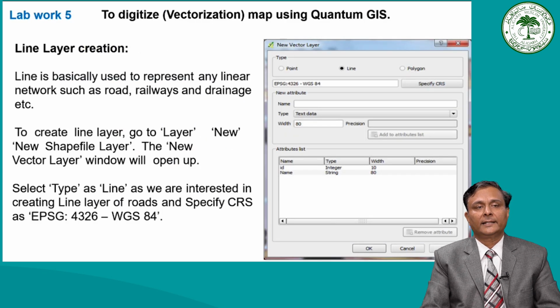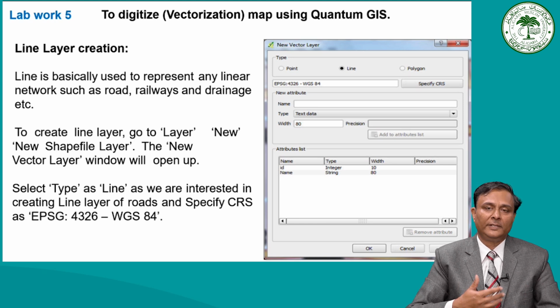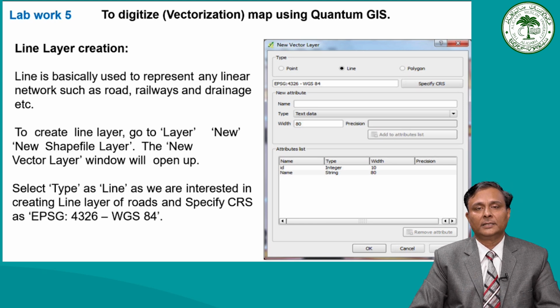For line layer creation, a line is basically used to represent any linear network. We discussed at length during the theoretical aspect of representing geographic entities that geographic realities can be point, line and area.